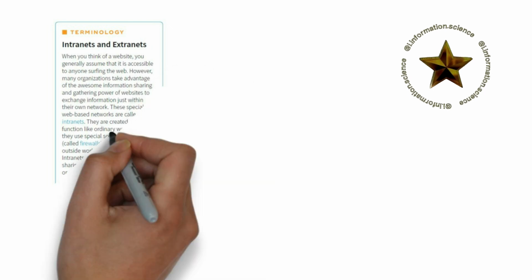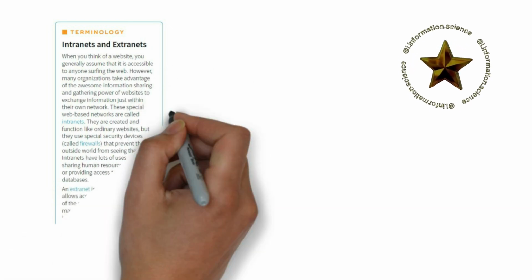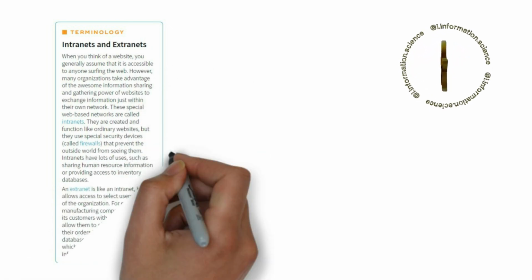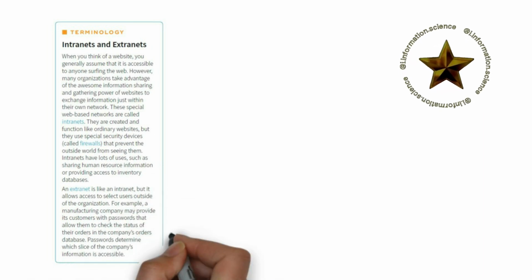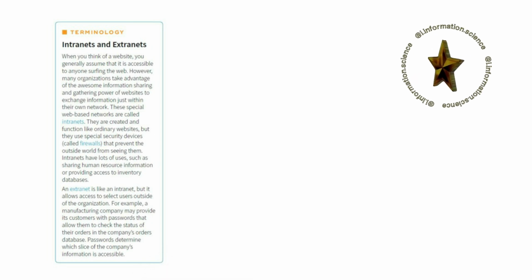Some basic terminology. Intranets and extranets. When you think of a website, you generally assume that it is accessible to anyone surfing the web. However, many organizations take advantage of the awesome information sharing and gathering power of websites to exchange information just within their own network.